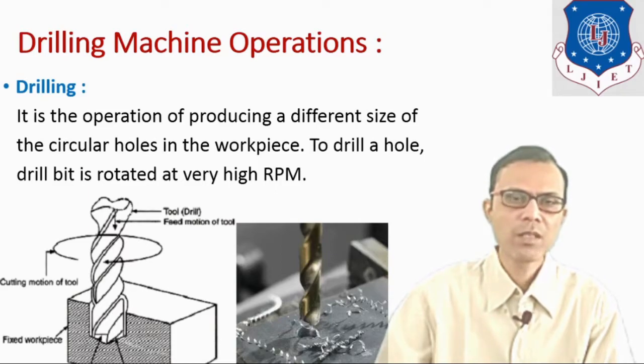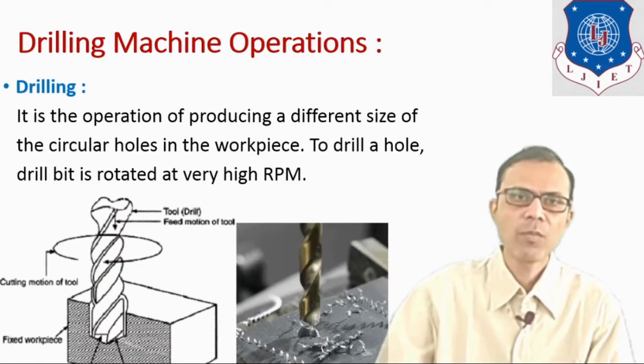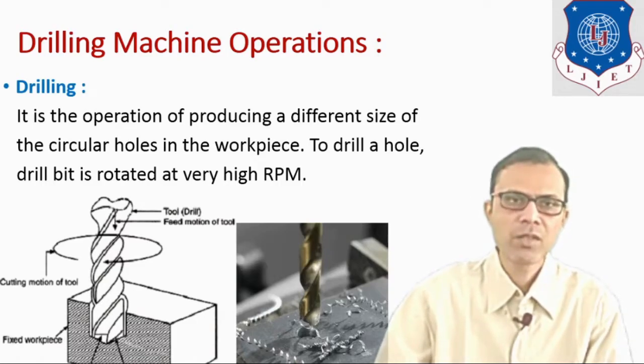The drill bit is held in the spindle and the spindle is driven by the electric motor. In that way, rotary motion is provided to the drill bit and feed motion is also provided, and the required size of the hole is produced by that action. In drilling operation, because of vibration, the hole produced does not have an accurate finish.